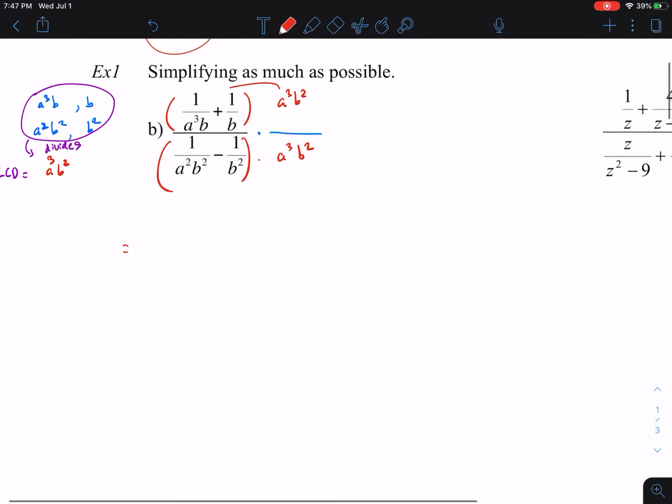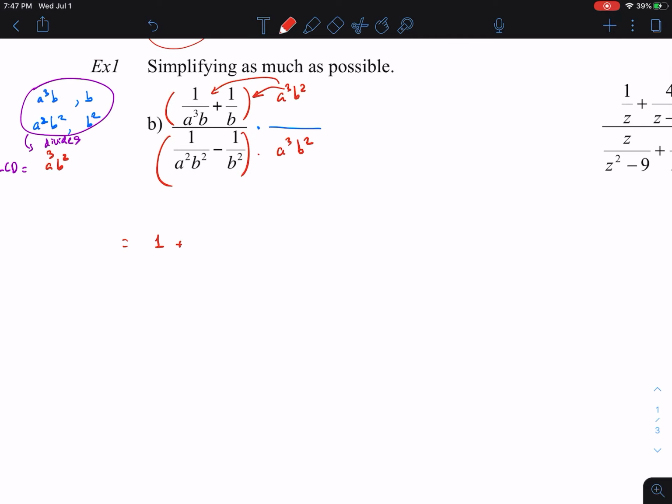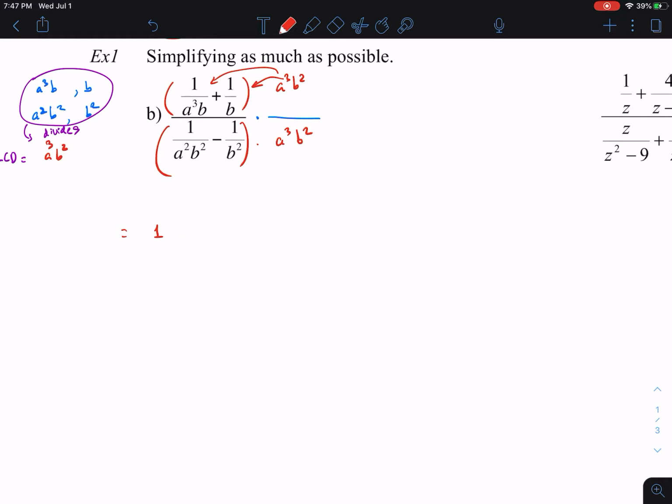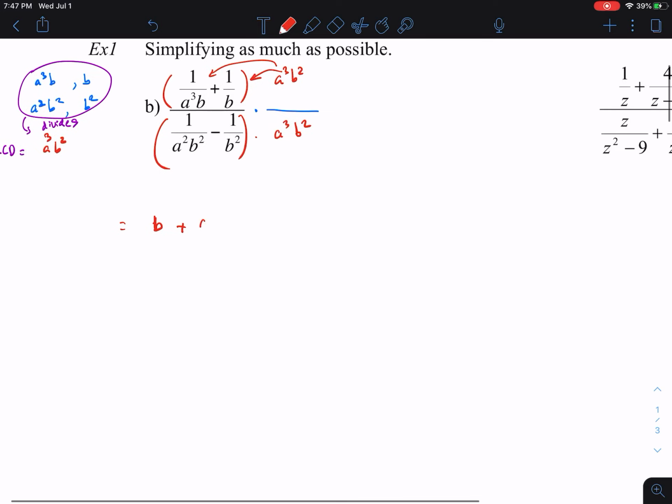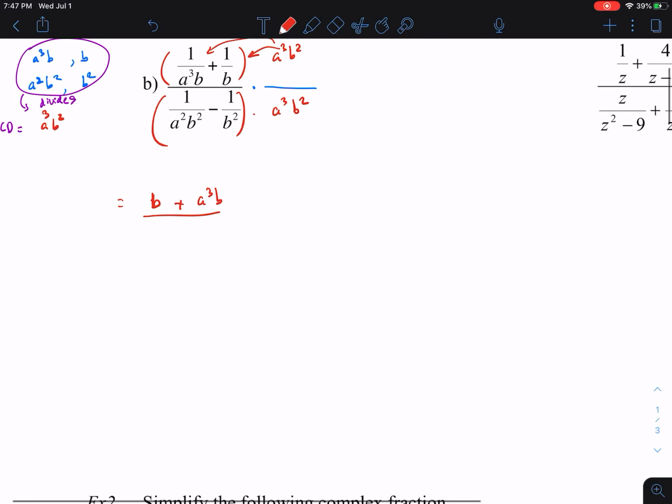If we take this times that, and times that, it's not going to be 1, it's going to be b that remains, because a cubed cancels, plus a cubed b, over, and then this times that is going to be a in the numerator, b squared cancels out, and then this times that is just going to be a cubed, and the b squared cancels out.